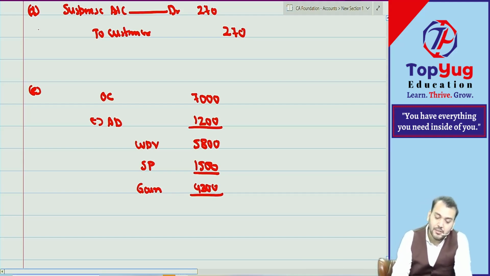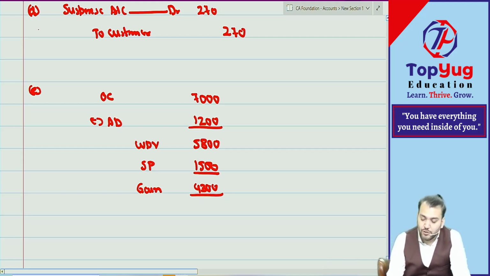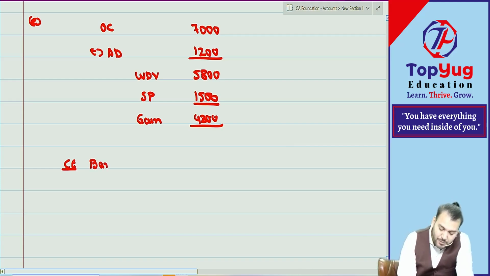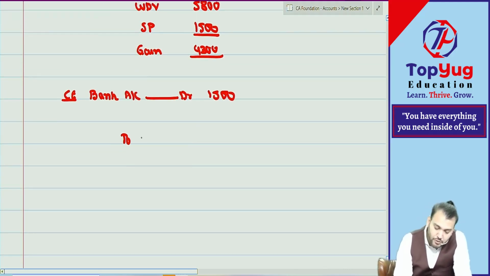Only the bank account has been correctly recorded through the books. Other than that, what they said: no entry other than in the bank account had been passed. So first, can you give me the correct entry for sale? Bank account how much? 1,500. To what?